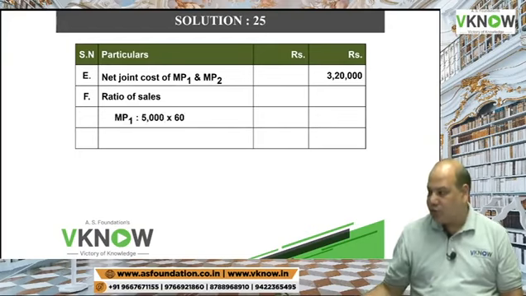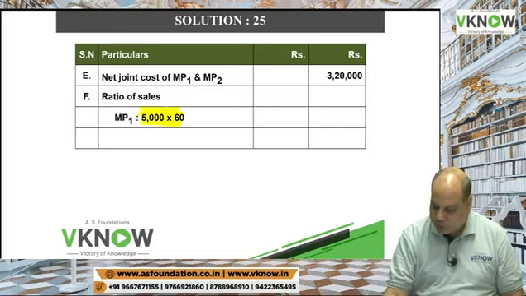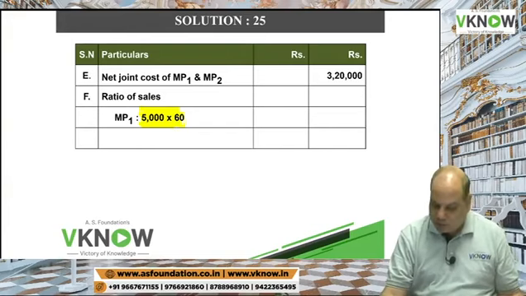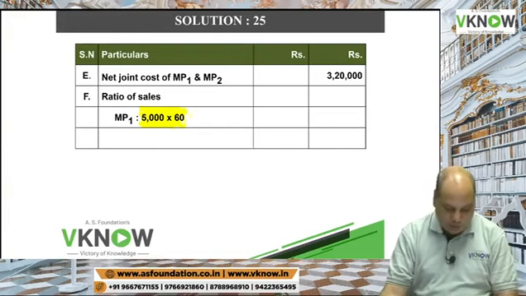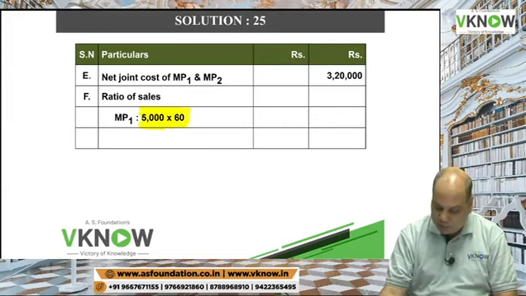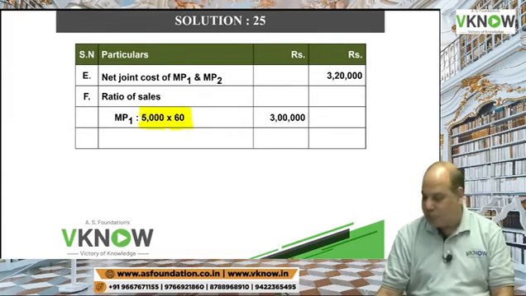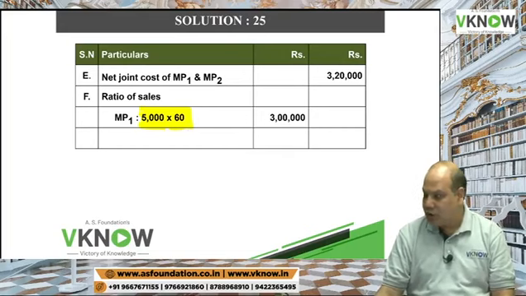What is the ratio of sale? You have to make some correction again, please. MP1 quantity, make it 5,000, and MP1 selling price make it 60, so 3 lakh rupees.